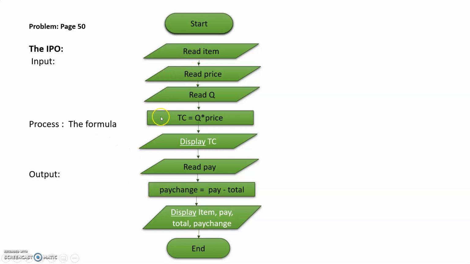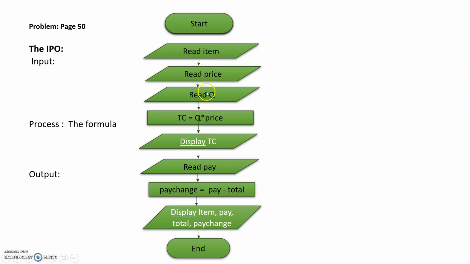So the process should have two formulas in this rectangle. Input and output you differentiate using the keywords inside the parallelogram. To simplify, I just changed the color for the input and output.